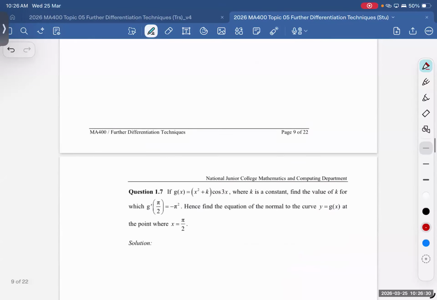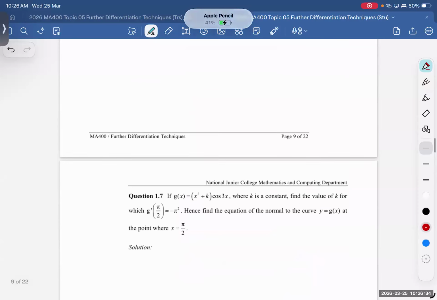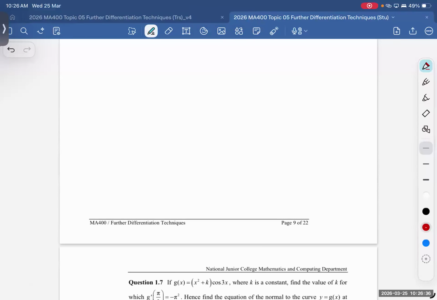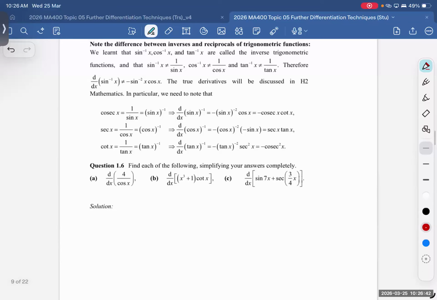1.6, then 1.7. Anybody at 1.7 already? I hope not, so fast. You're so fast I cannot catch up. 1.6a, 4 tangent x secant. 1.6b.